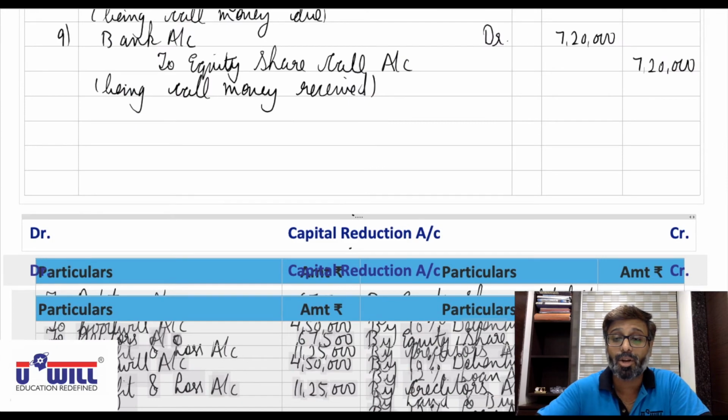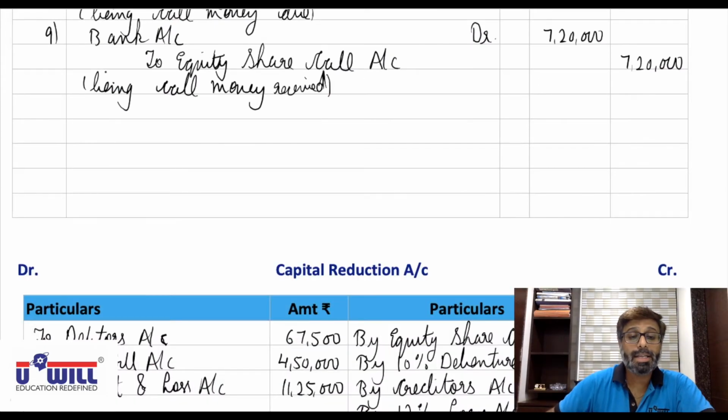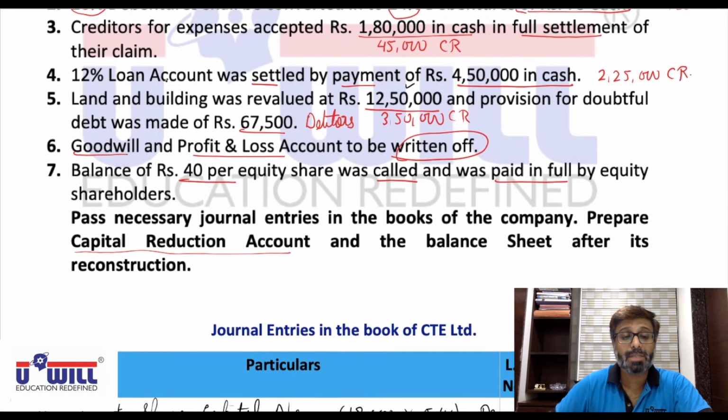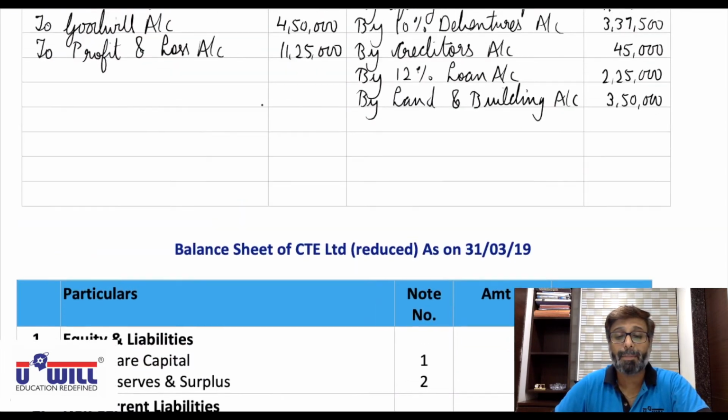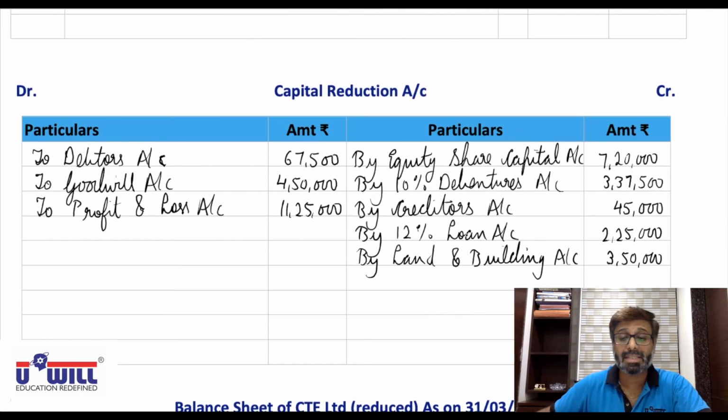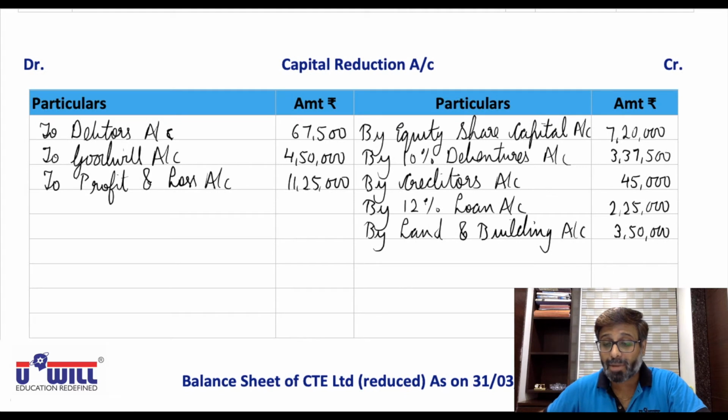We have discussed that earlier also. So all the entries are done as per the adjustments. Now let us see this balance of capital reduction account. If any balance amount remains, we'll transfer it to capital reserve account. If no amount remains, well and good.